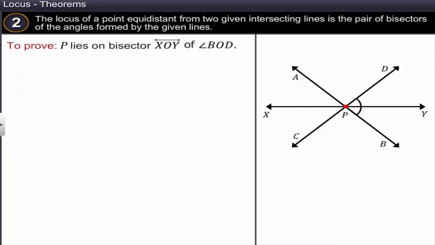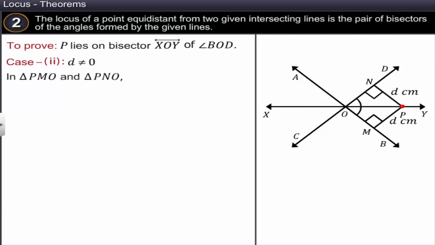Now, let us consider the second case, where d is not equal to 0. In this case, let's consider two triangles PMO and PNO. We are given that PM is equal to PN.